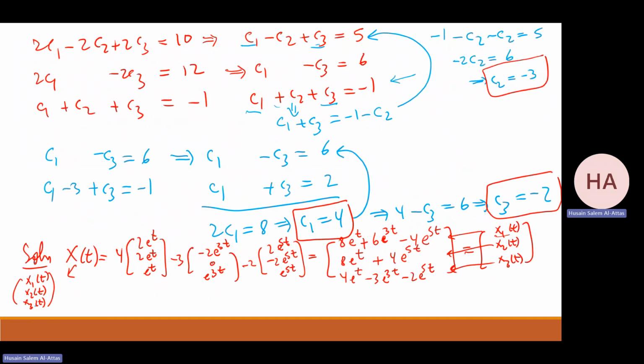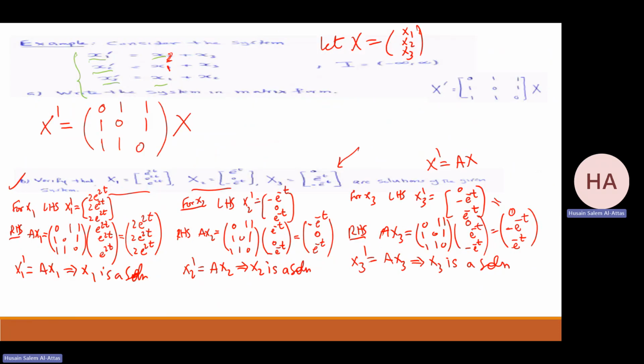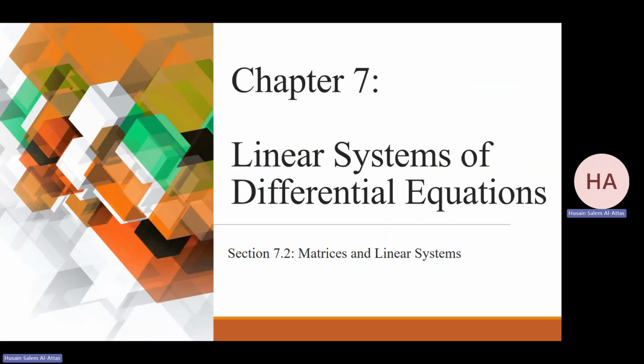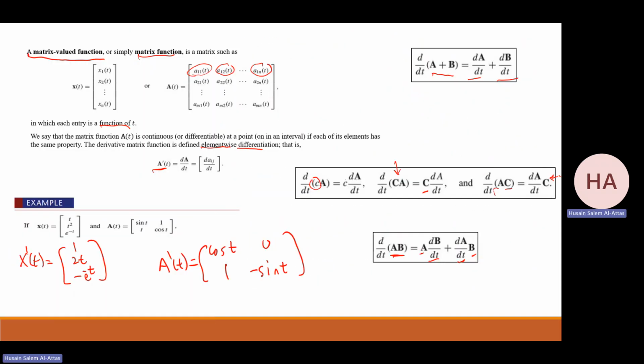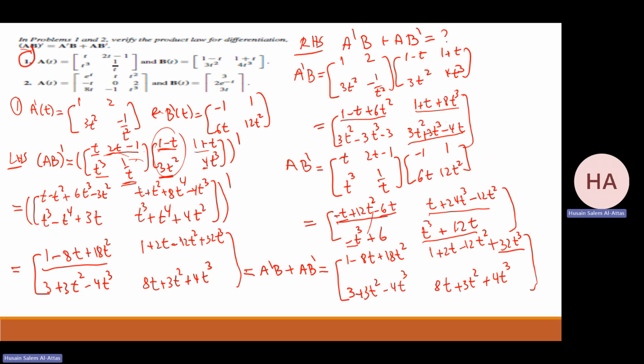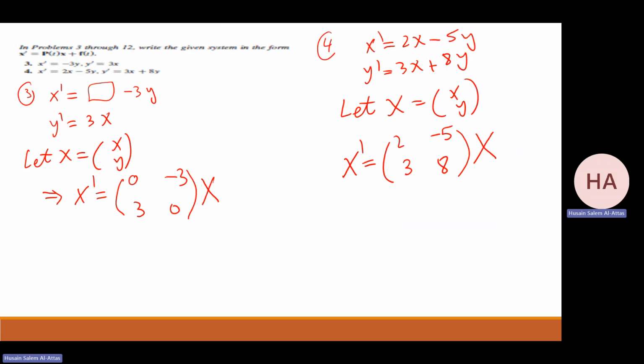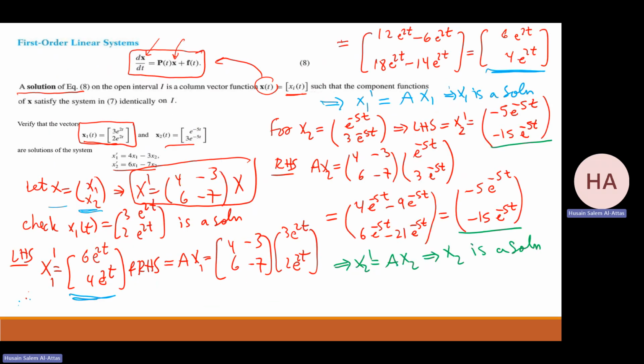By the way, this question, I think, explains everything we did in this section. First we talked about the product rule for the matrices, how to find the derivative of the product. I did examples. Then we talked about how to write the system in matrix form, and we did examples about that.